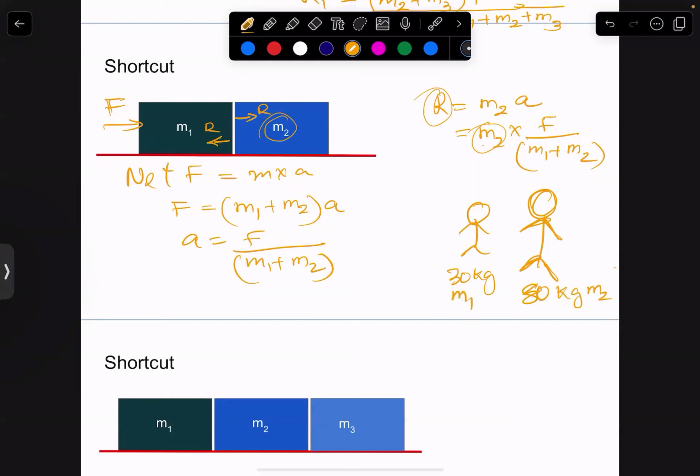Okay, and this child is getting pushed with a force F, and this child will come into contact with this man soon. So when he comes into contact with this man, he exerts a reaction force.